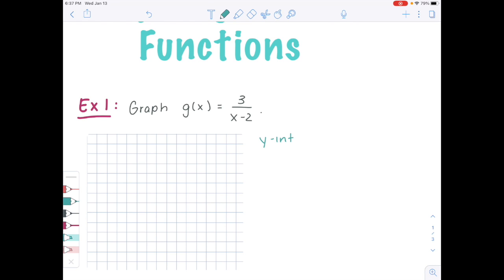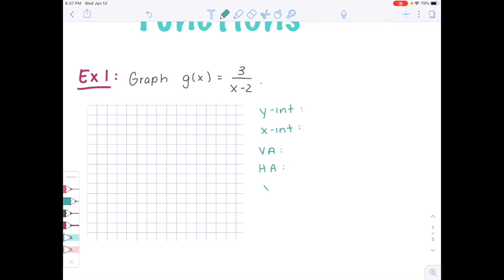We're also going to want to find the x-intercept, the vertical asymptote, the horizontal asymptote, and then we also just want to make a quick extra table with a few values in it.